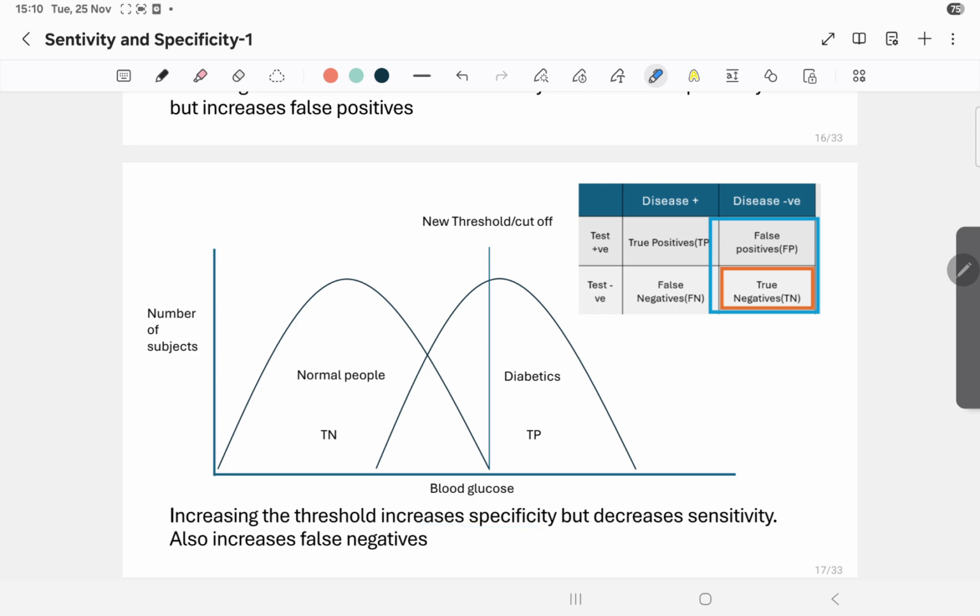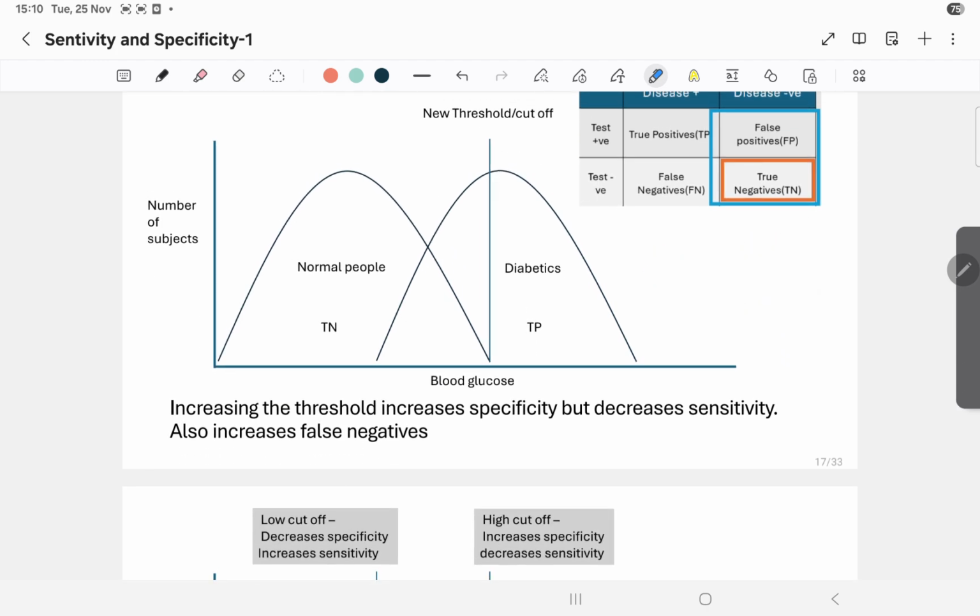I hope this part is clear. But in the exam you will not have time to think about all these mathematics and all these graphs. So just remember, increasing the threshold, increase in specificity. Decrease in threshold, decrease in specificity. So you can remember like this.